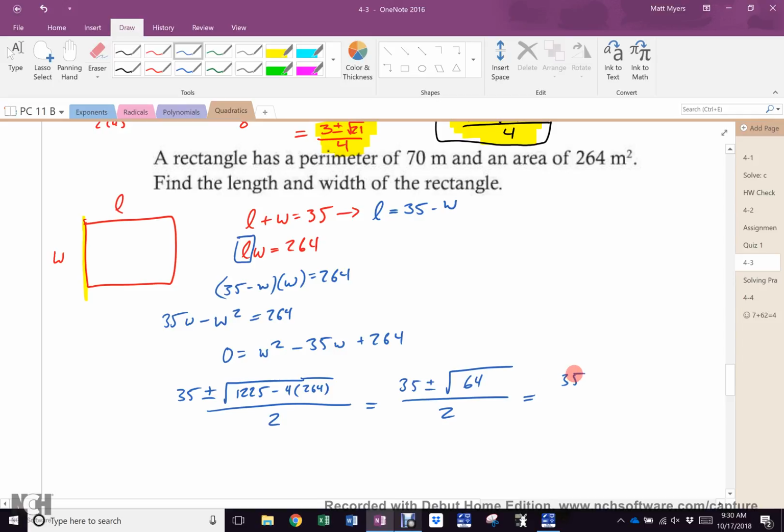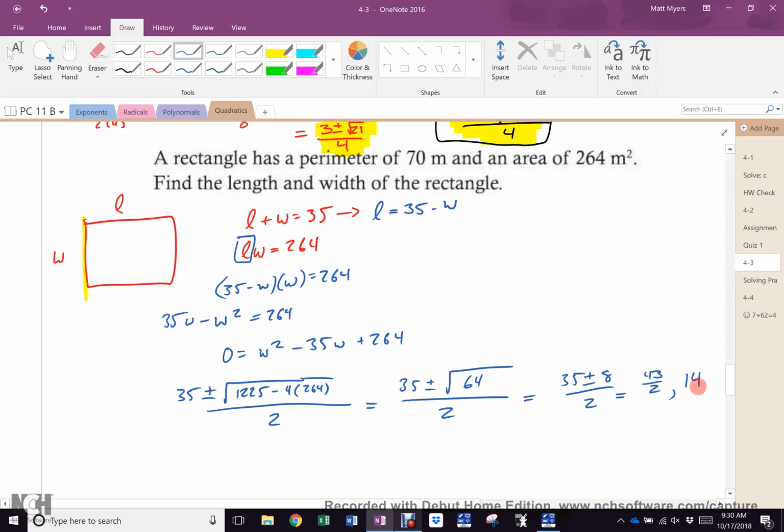So it's 35 plus or minus 13 over 2, correct? Everybody happy with that? Yeah. Okay. What's 35 plus 13? 48 over 2, which is 24. And what's 35 minus 13? 22 over 2, which is 11.